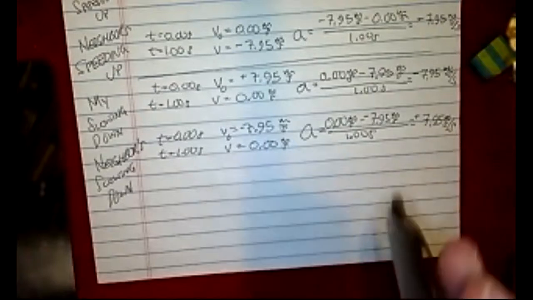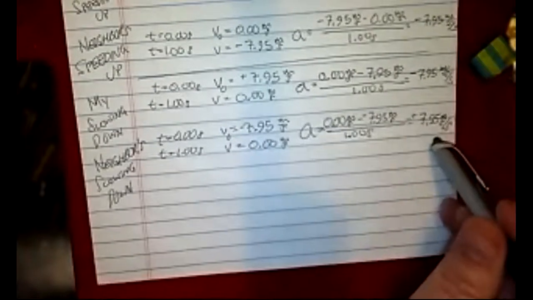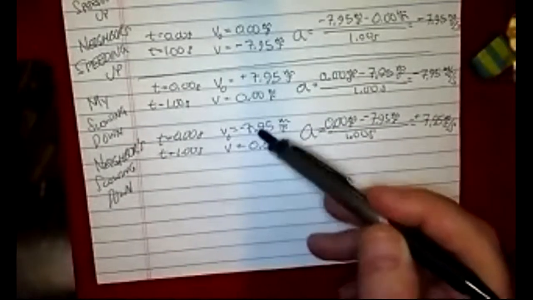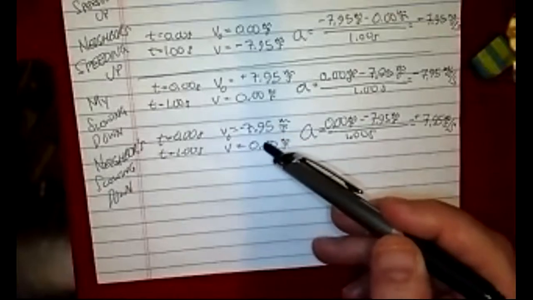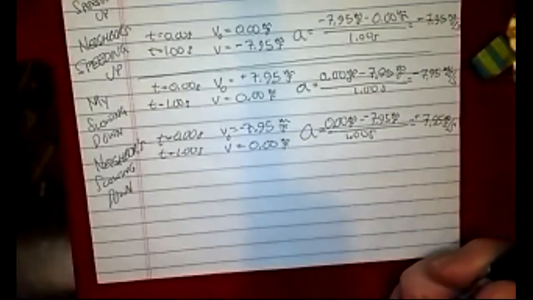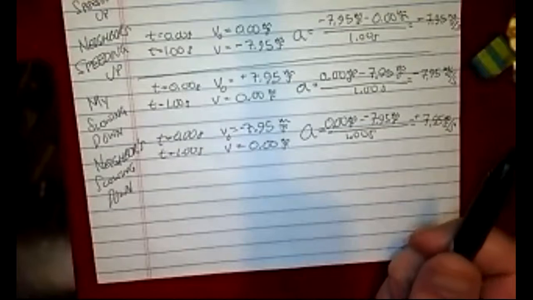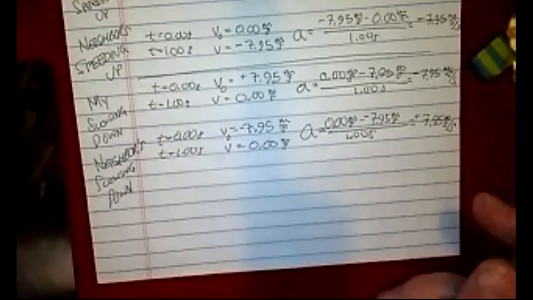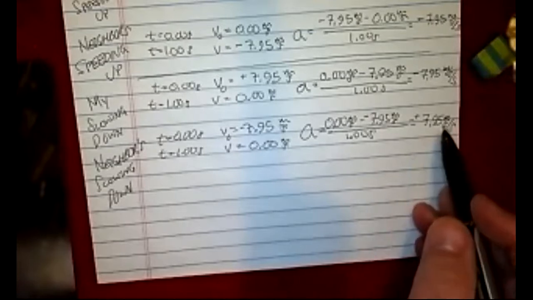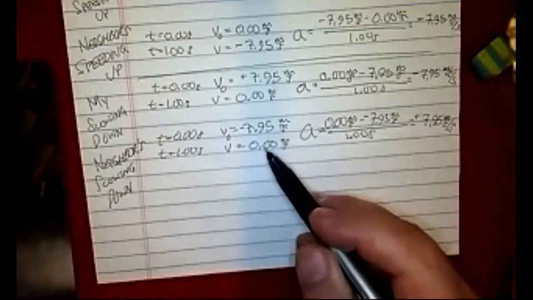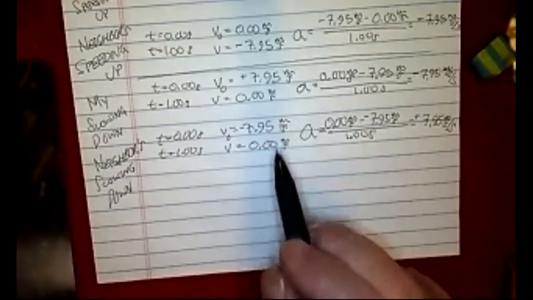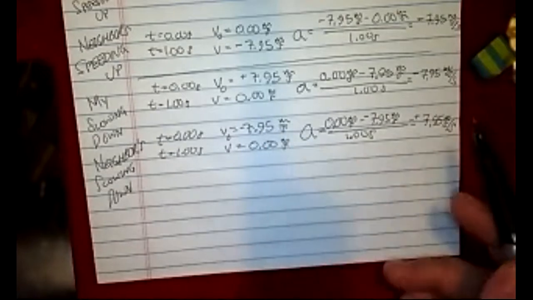Just listen to the last version. We got a positive acceleration when something was slowing down, and that's because it was slowing down while going in the negative direction.